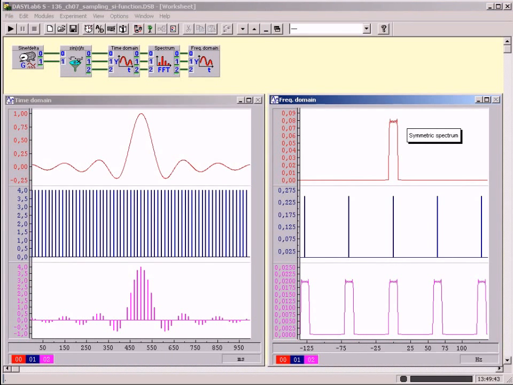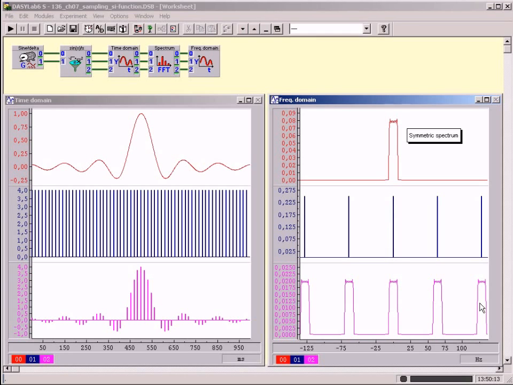The situation is presented even more clearly in the sampling of an SI function. As shown in Chapter 5, Symmetry Principle, the full bandwidth of the SI function, which are the originally positive and negative frequency regions, is convoluted at each frequency of the sequence of the periodic delta pulses.